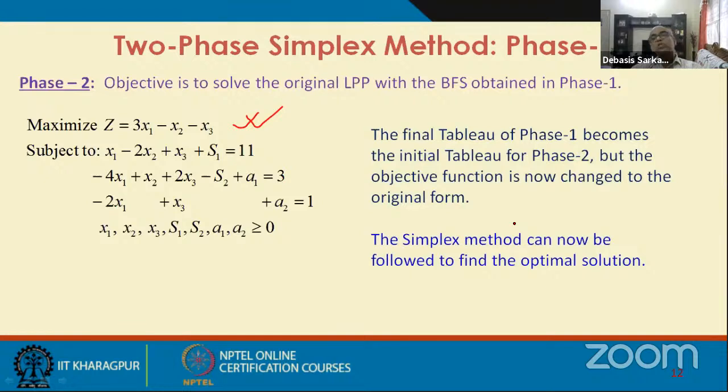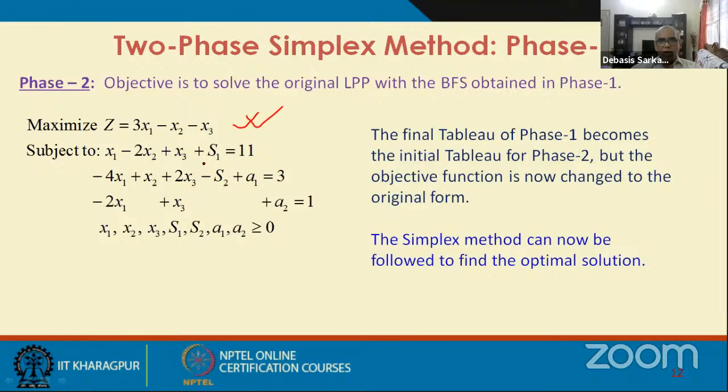So basically in terms of tableau, you will take the final tableau of phase 1. That becomes the initial tableau for phase 2. The objective function is changed and the column corresponding to artificial variable is removed. That's it.